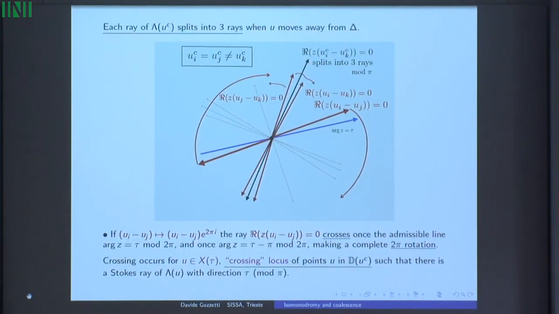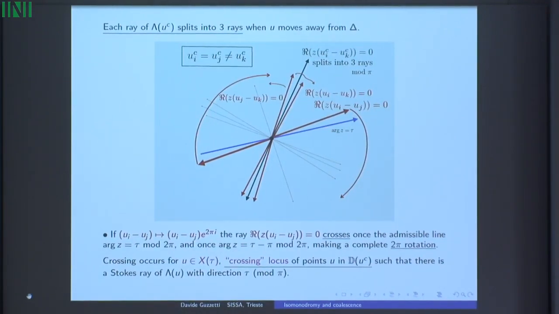And now if u varies inside the polydisk, if the polydisk is small, these 2 rays here move, but not too much actually. There is a problem with this ray. This ray crosses the admissible line, the admissible line with respect to the center of the polydisk.